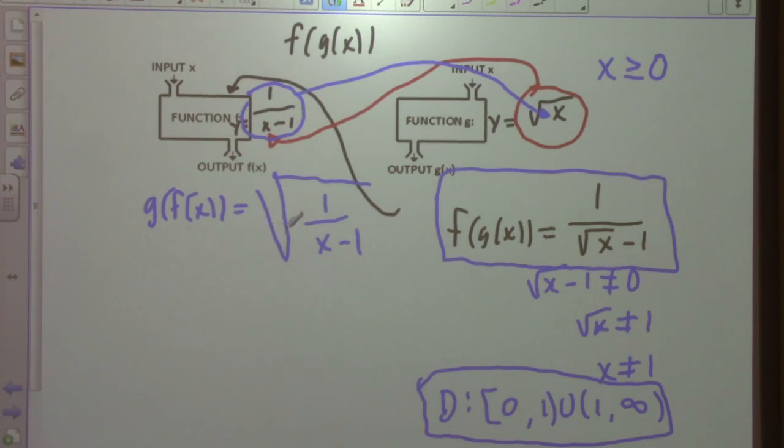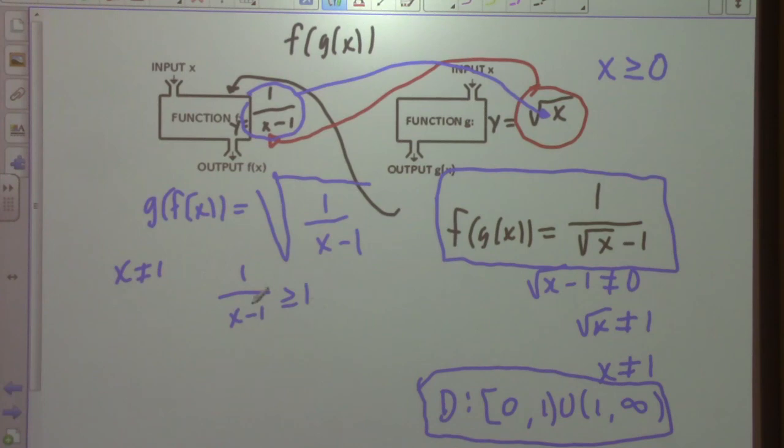And now for this one, what restrictions do we have? We know x cannot be 1, same thing. And we know that this whole thing has to be greater than or equal to 1. So 1 over x minus 1 has to be greater than or equal to 1.